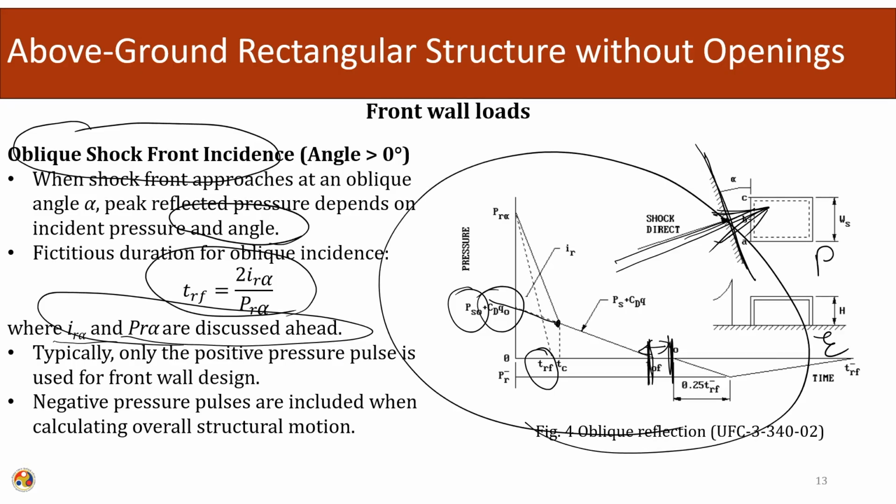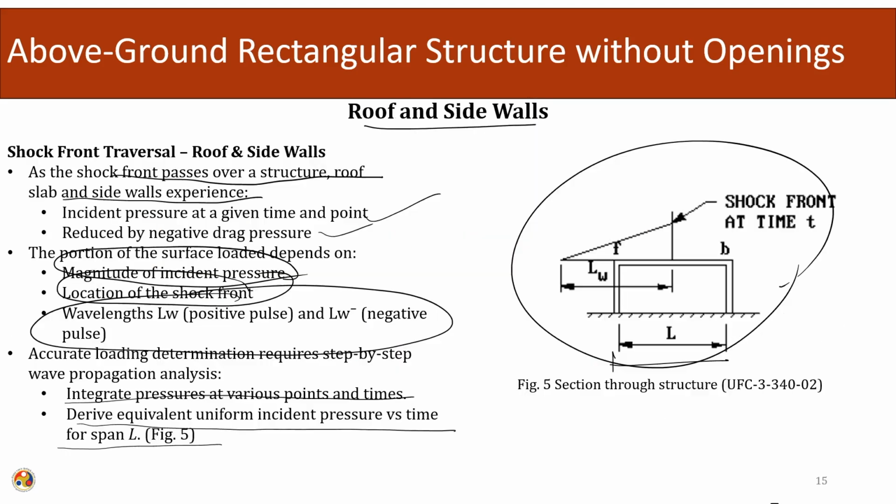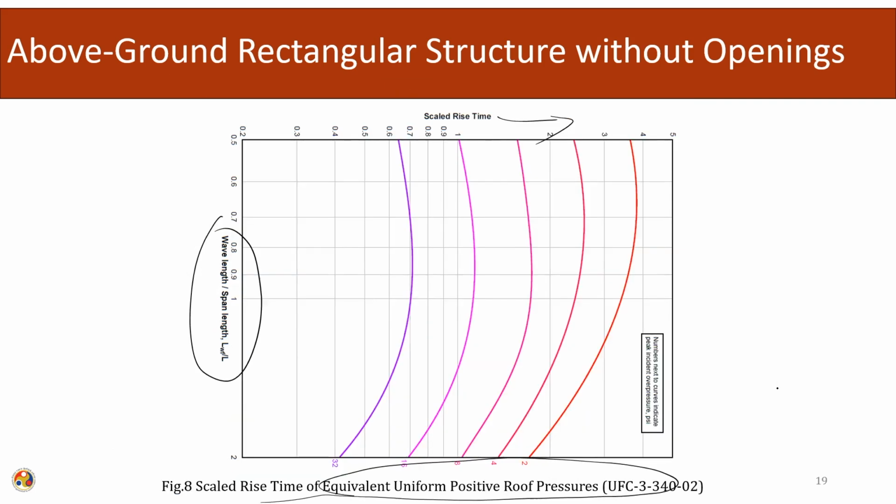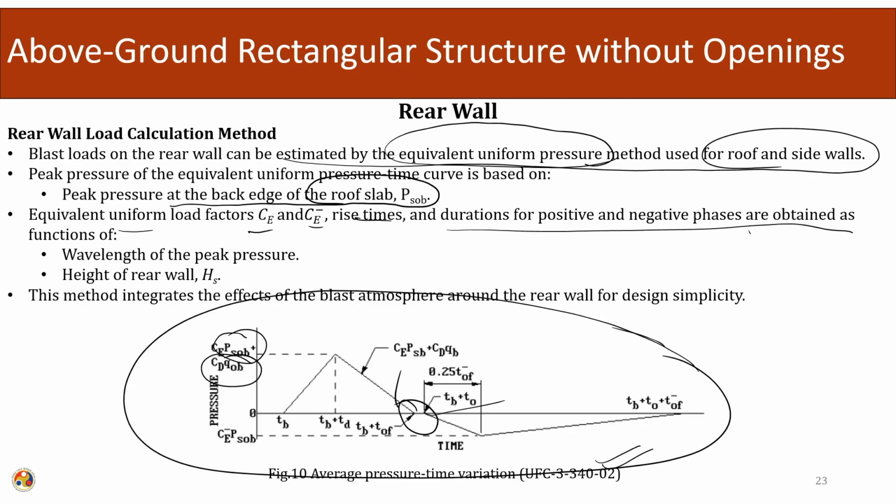So, we have covered the equivalent pressure loading that has to be implemented for the front wall. We have seen the similar equivalent loading for the roof and side walls, and similarly the equivalent pressure loading for the rear wall. Okay. So, all the faces of the wall have been covered here.